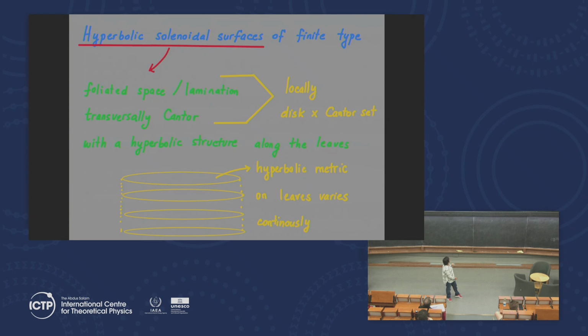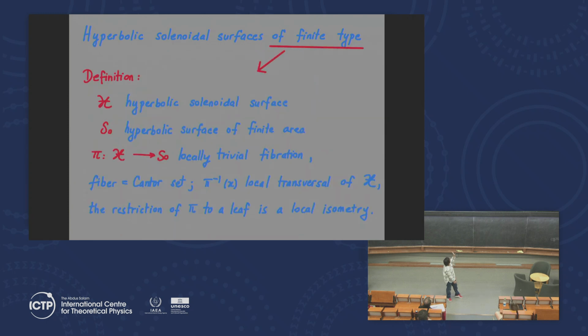And what does finite type mean? Well, it's a very specific example. So we have a hyperbolic solenoidal surface which is of the following kind. Take a hyperbolic surface S naught of finite area.